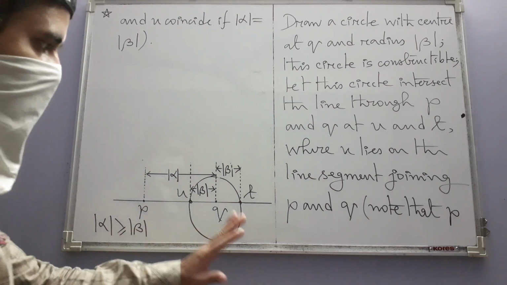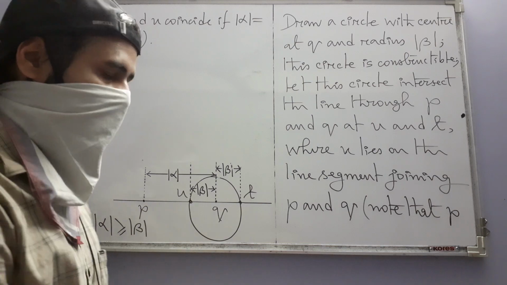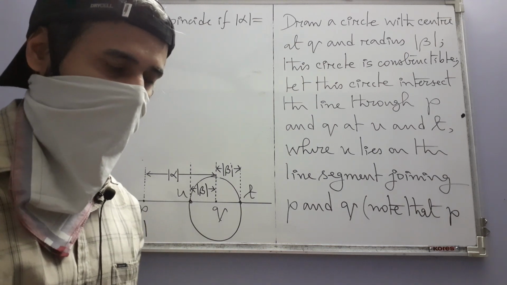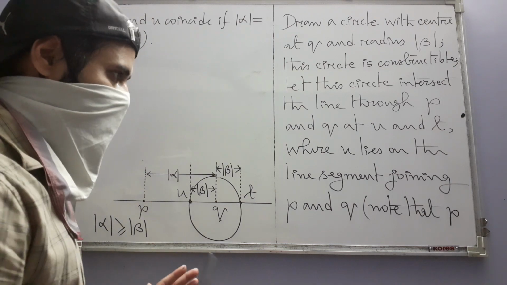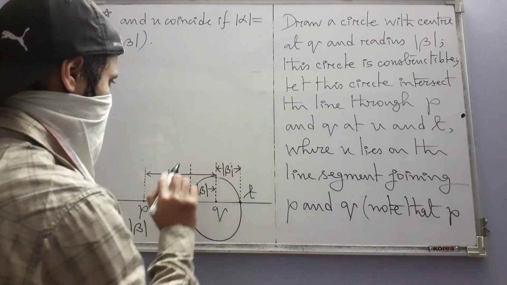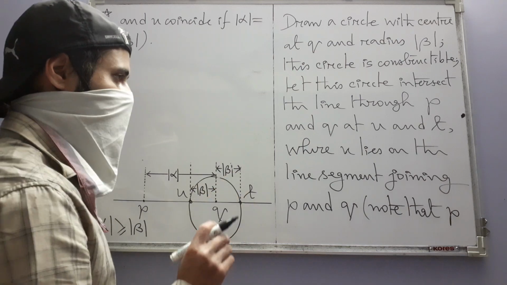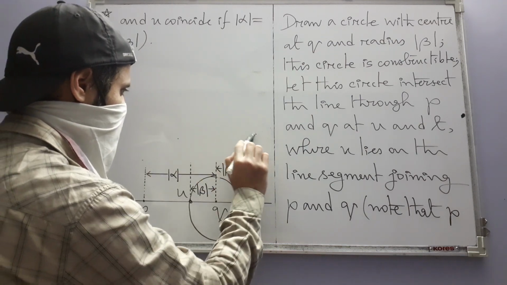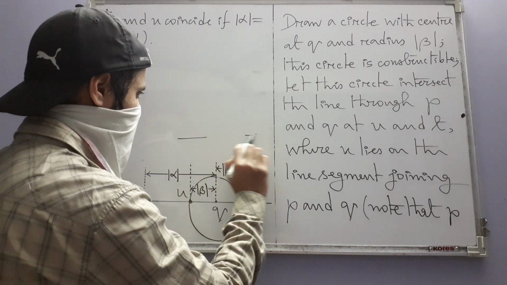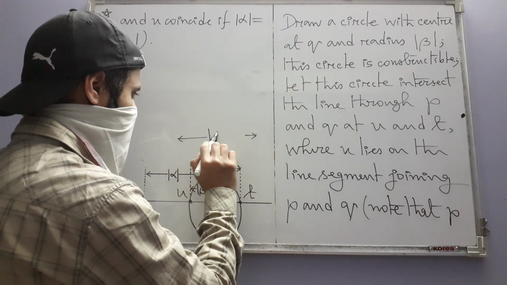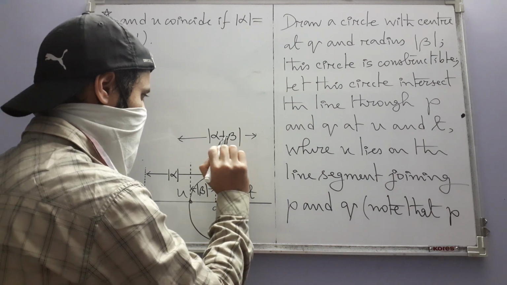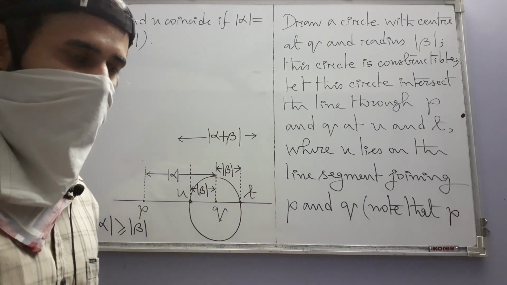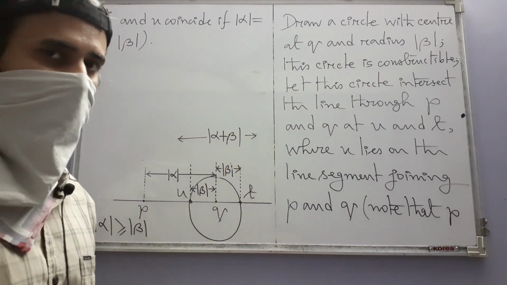Okay, so this is our setup. Now we are going to use this setup to prove that alpha plus beta is also constructible. That means we have to show that there exist two constructible points in the plane such that the distance between them is this. If we manage to show this, then that will prove that alpha plus beta is constructible.